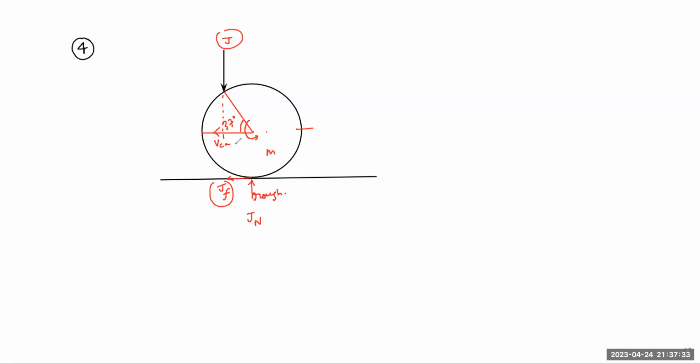So the net torque about the center will be J times R cos 37 minus J_f times R. And the net torque, the angular impulse of the system, equals I_CM omega. I_CM is how much? It's a solid sphere, so 2/5 m R squared, into omega. Correct. And omega R must be equal to V_CM. J_f equals m V_CM.